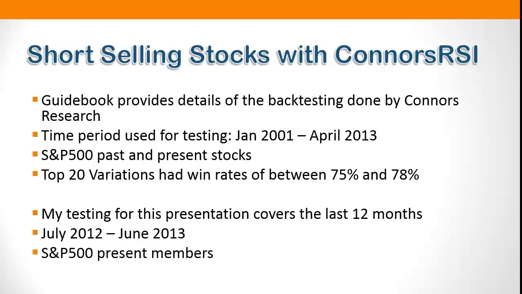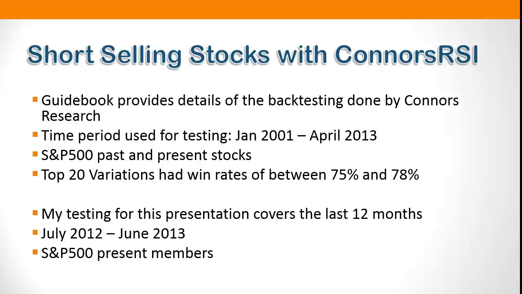And I'm not going to use past members of the S&P 500. I'm going to use the current S&P 500 list, really just because it's very easy to discover what that list is. If you wanted to use past and present, that's not a very well-known list, and it might be difficult to reproduce those results.